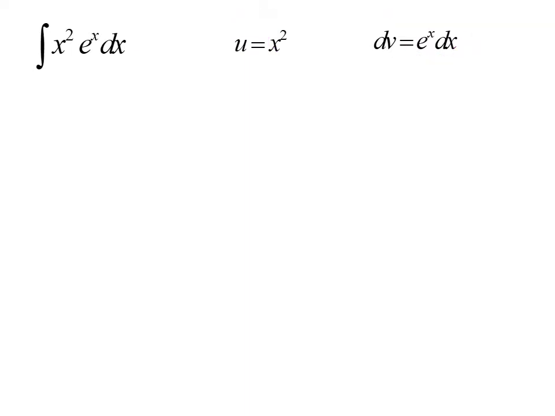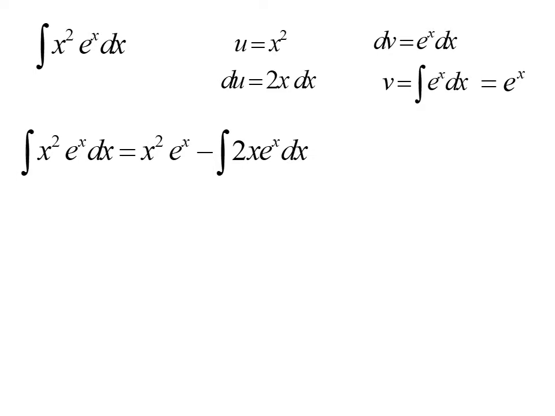We do the derivative of the u, we do the integral of the dv. We fill that into our formula, which we have on our formula sheet. However, in this example, notice we still don't know how to do that integral. However, this should look familiar because it's practically just like the first example that I used. And we have to do the process again.